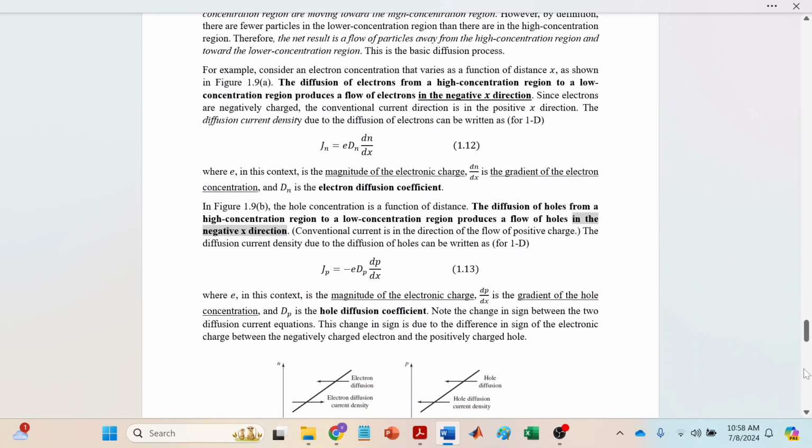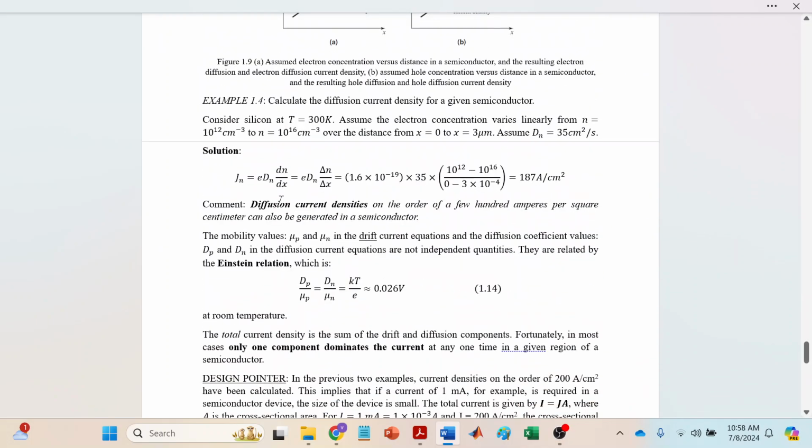We can see that this value is on the order of 200 amperes per centimeter squared. So it's a very large number.